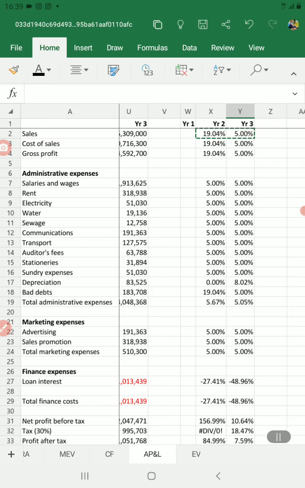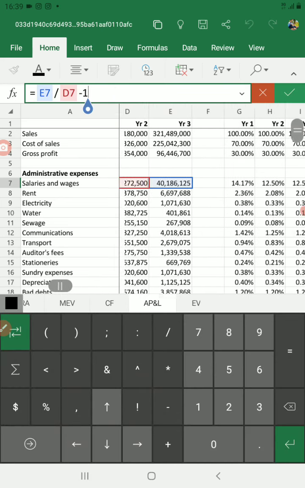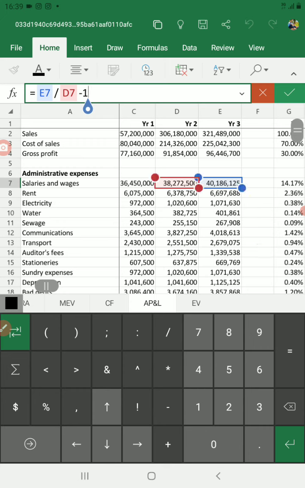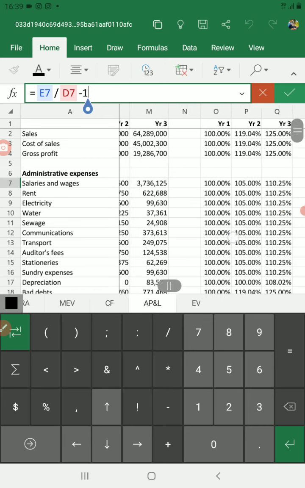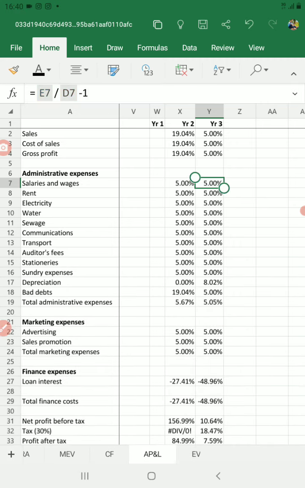So if we go anywhere, for example, if we go to here and click on that, we see the formula has taken the figure for year 3, which is the current, divided by previous minus 1, to get the growth rate for this. Okay, so that's how you do it.